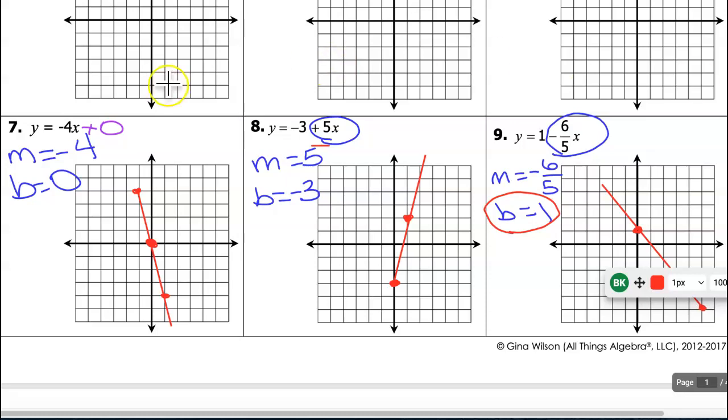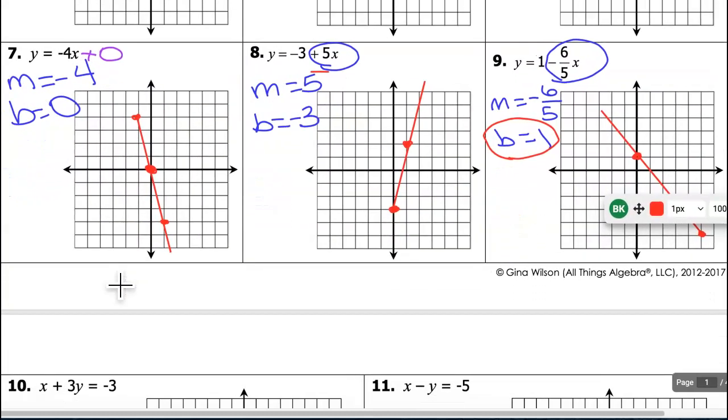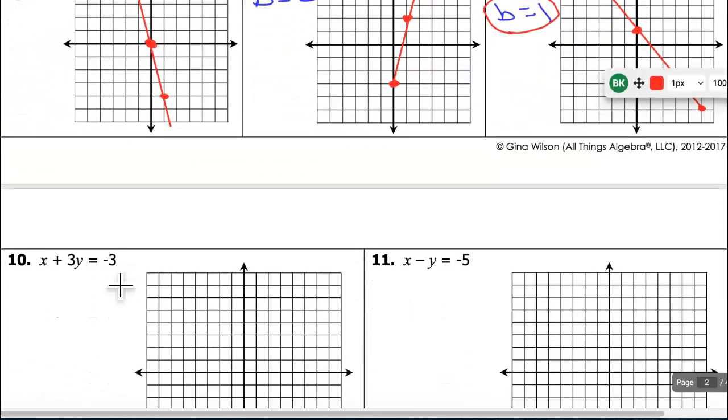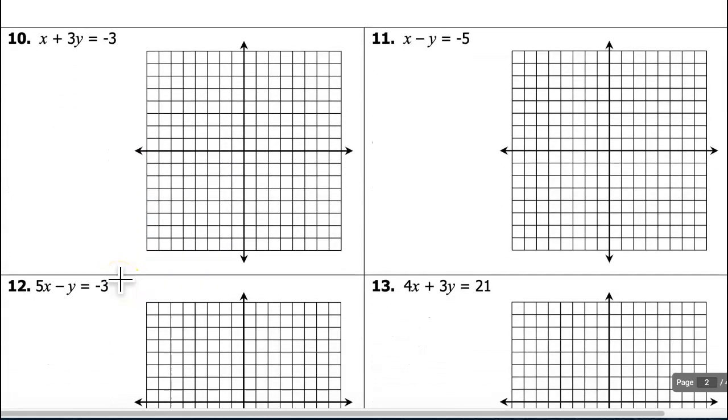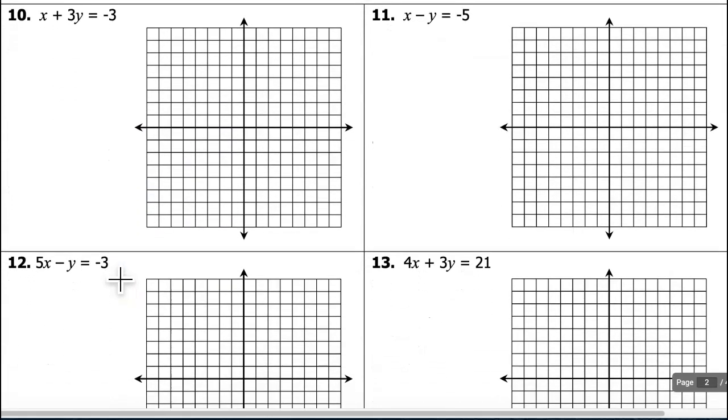Now, last week we also looked at other ways of writing these equations, like when we had some equations in standard form. And so when we're graphing these equations, all we have to do is change them into slope-intercept form first, and then we can graph the line. So for number 10, I have to get y by itself, so I'm going to start by subtracting x from both sides.